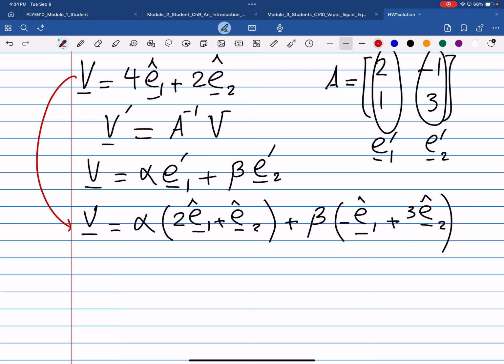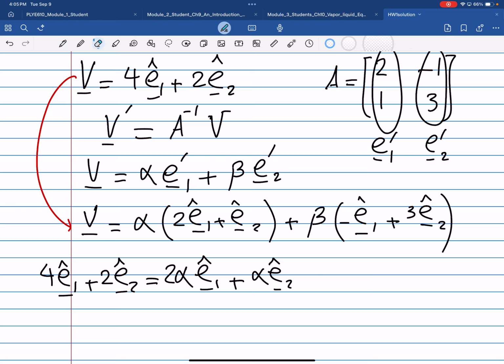V is not changing, the vector stays the same, only the representation is changing. So I will replace it: 4e1 plus 2e2 equals 2 alpha e1 plus alpha e2 minus beta e1 plus 3 beta e2.